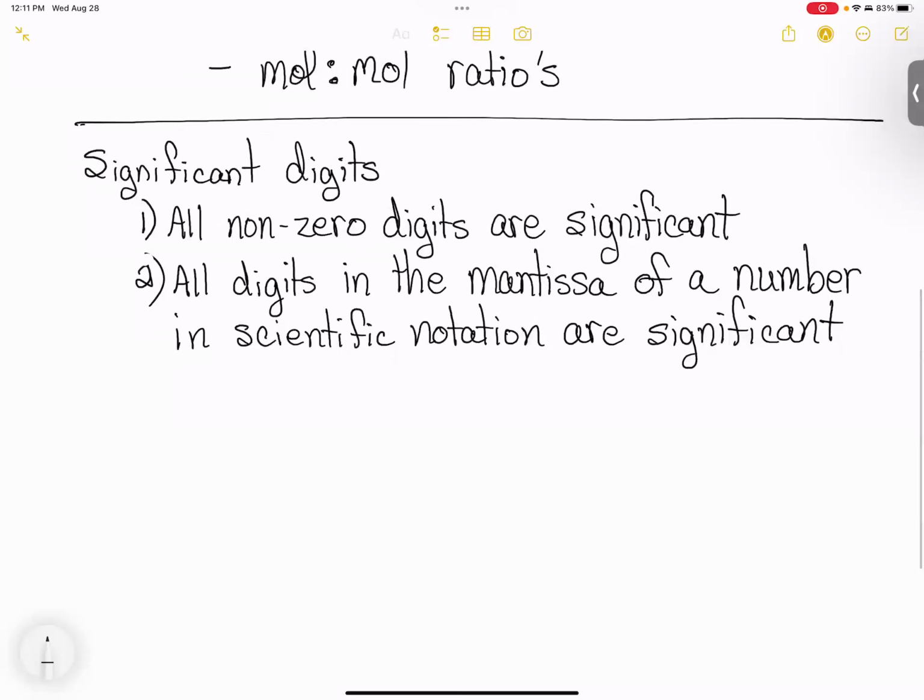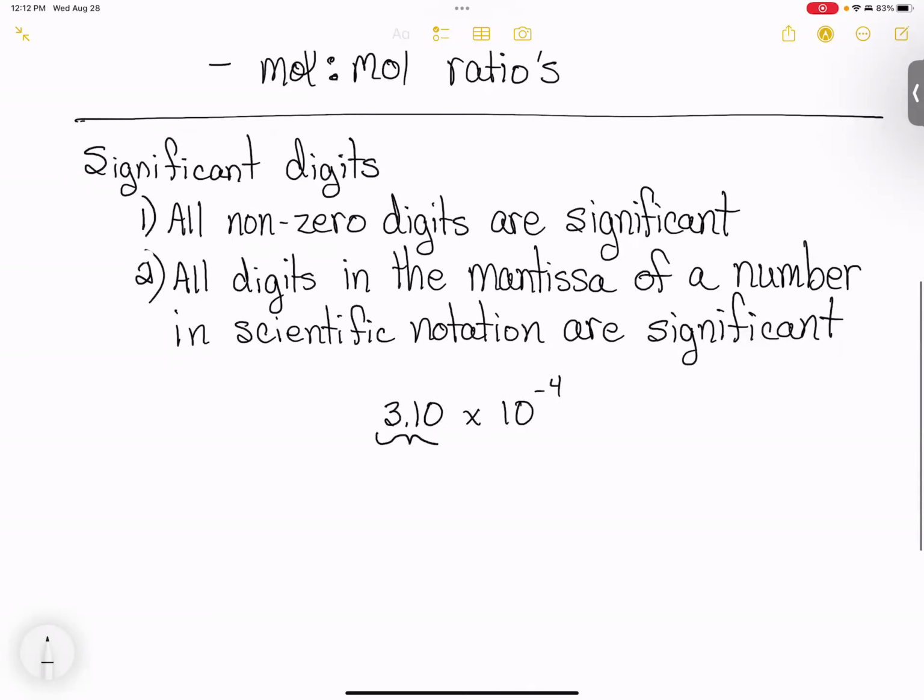So if I give you the number 3.10 times 10 to the negative 4, this is your mantissa. And so there are 3 significant digits.